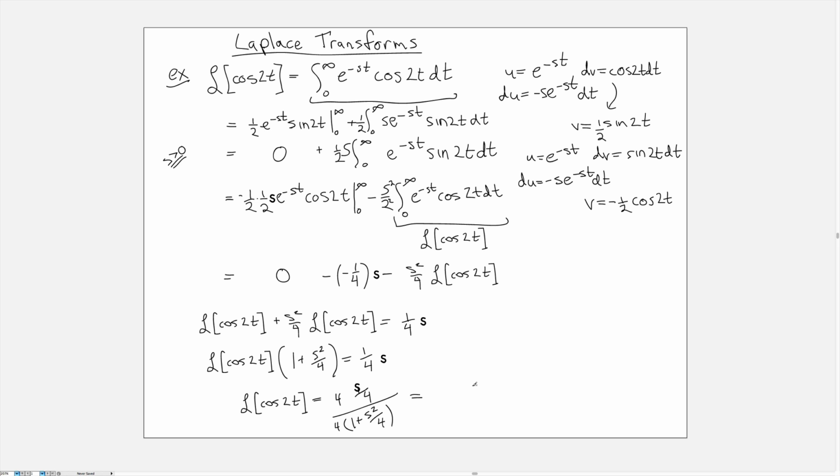And this will simplify to 1 over 4 plus s squared. And you'll notice in general, this 4 in both numerator and denominator came from a 2 squared, and that 2 was this coefficient here. So in general, if you have other numbers other than 2 here, you end up with that number squared over here.